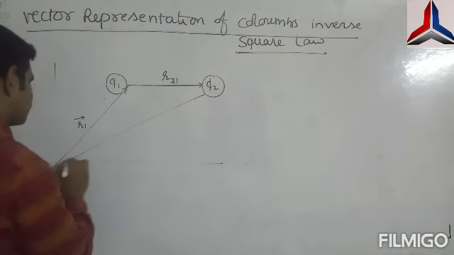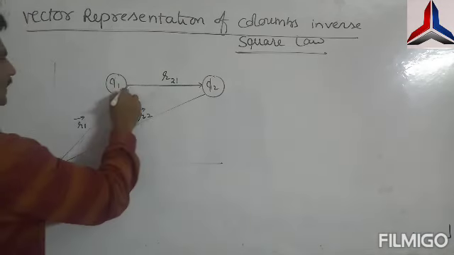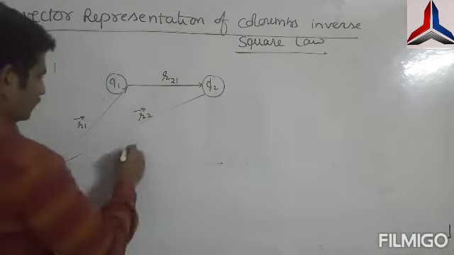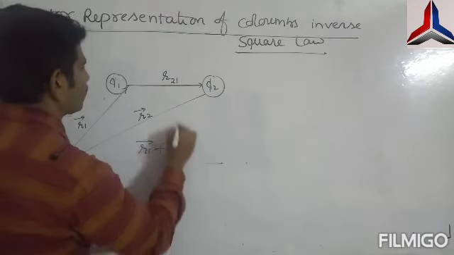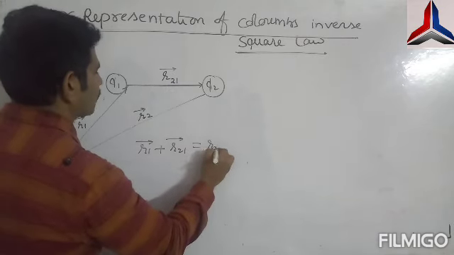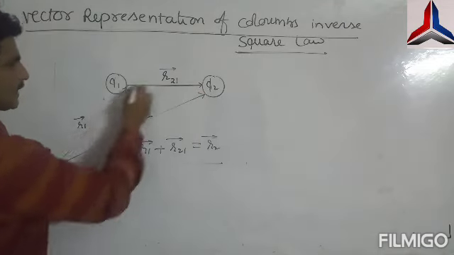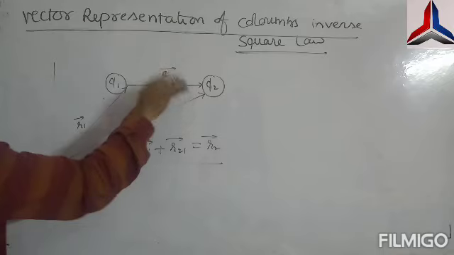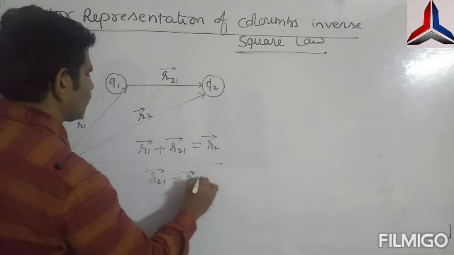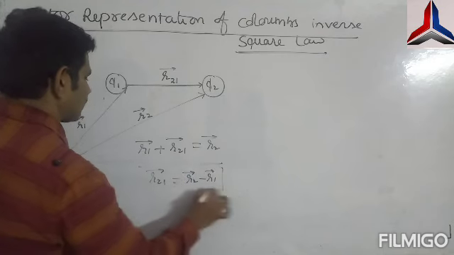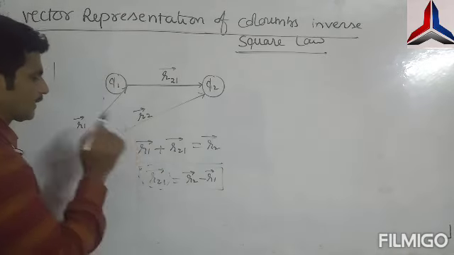This is r2 position. Understand? So from the triangle law of vectors, what can we notice? Two vectors are taken as the sides of the triangle, and the third vector is represented. So r1 bar plus r21 bar is equal to r2 bar. Anyhow you know very well, r21 bar is equal to r2 bar minus r1 bar. So the distance between two charges can be represented in the form of a vector like this.